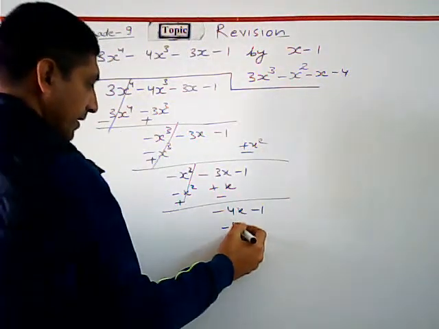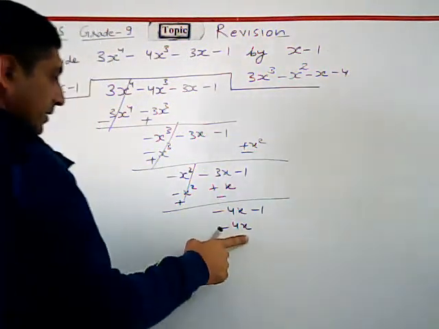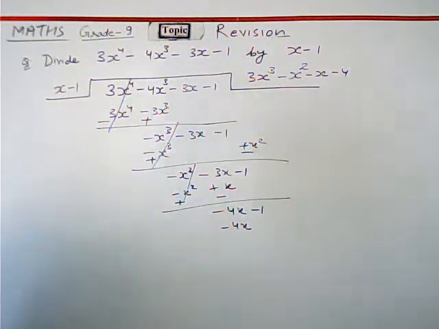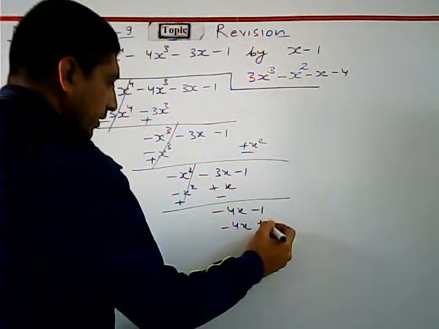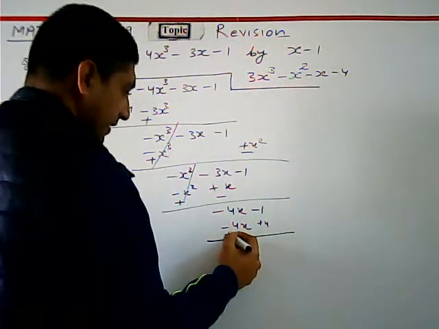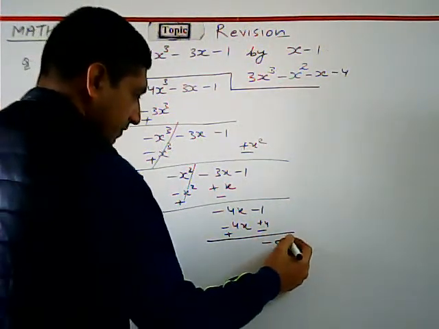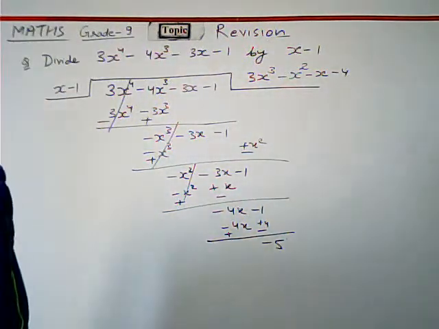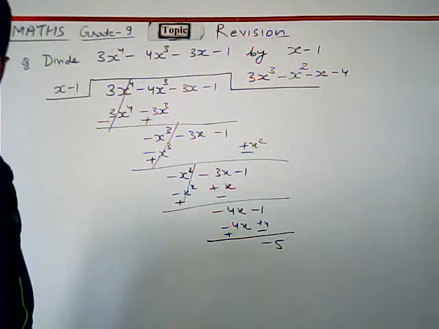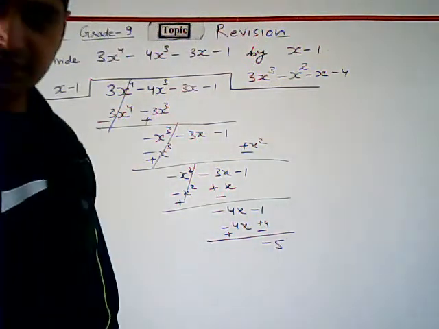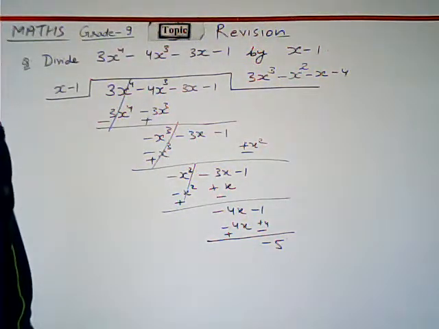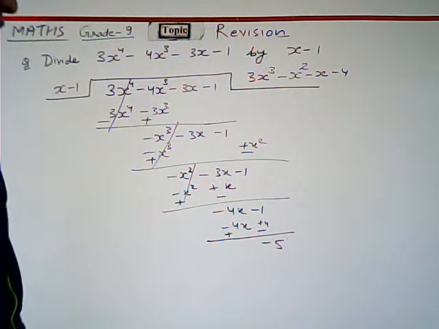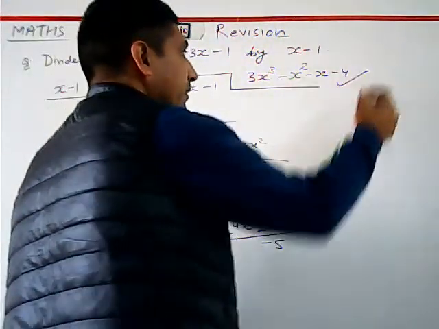Minus 4x, and minus minus will become plus 4, and when we subtract, we get minus 5. What is the remainder here? The remainder is minus 5. So Harjot, you are right: the quotient is 3x^2 - x - 4.